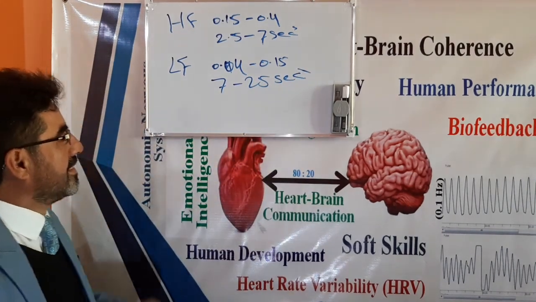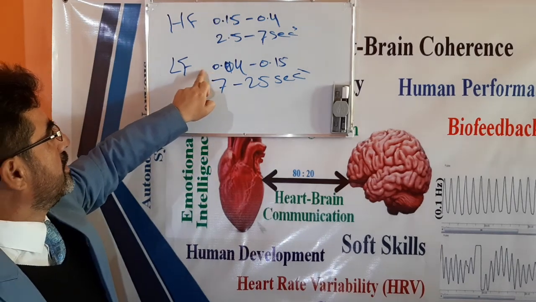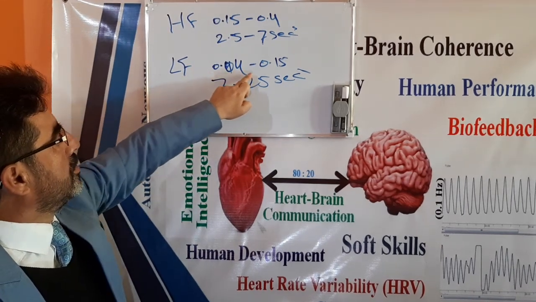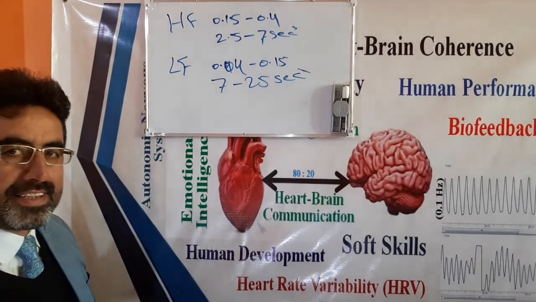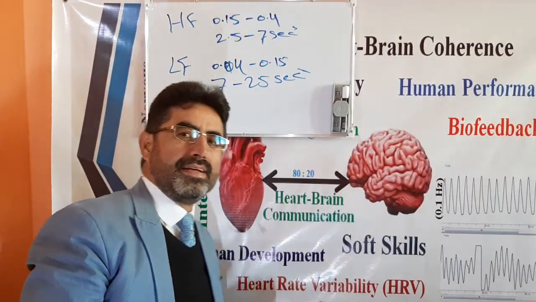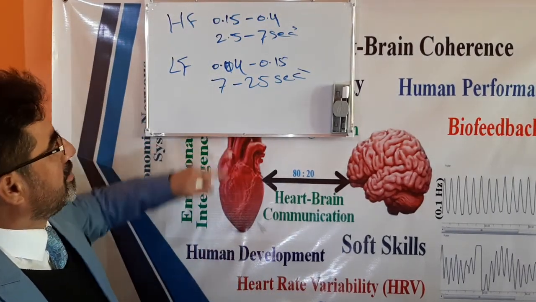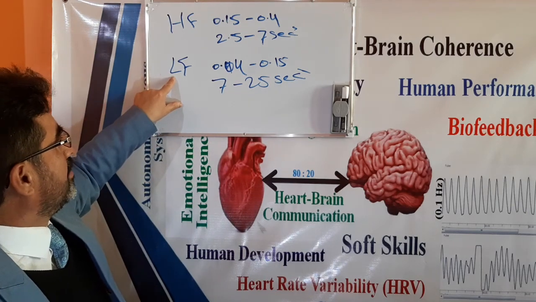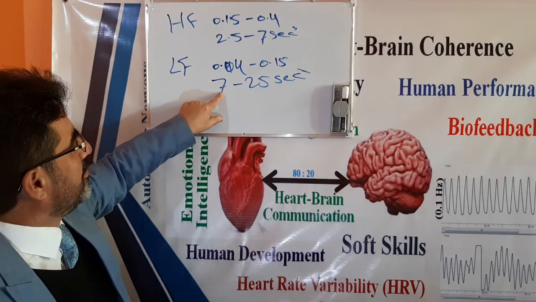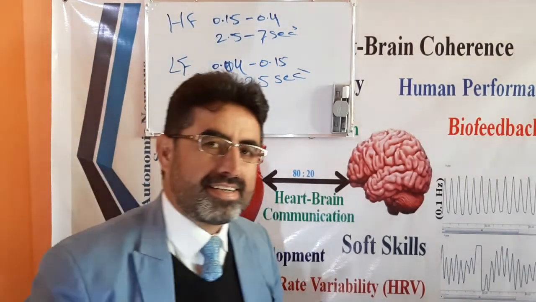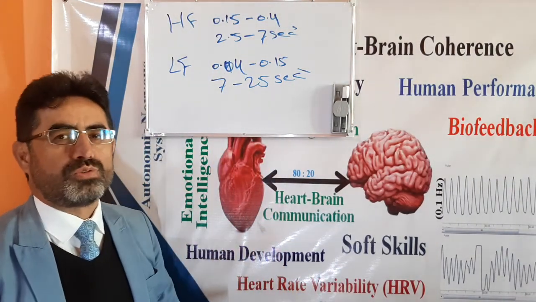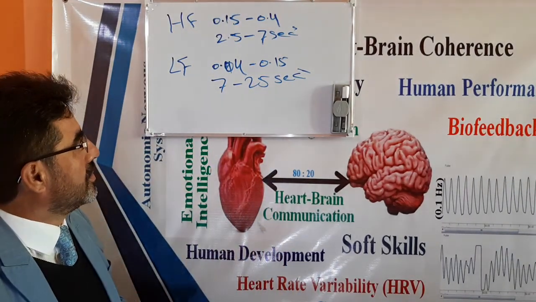It means that the scoring level of this frequency is 0.04 up to 0.15, but the time for individuals who have this level of heart rate variability frequency is 7 up to 25 seconds to experience changes or variances in their heart rate.